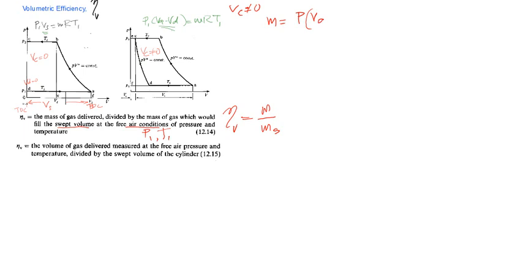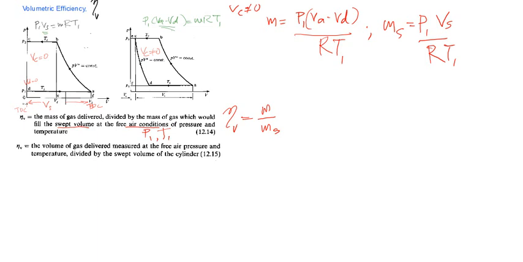Our V is VA minus VD, and P and T are P1 and T1. And m_s is equal to P1 times the V, assuming the volume inducted is Vs, so V should be Vs, divided by RT1.